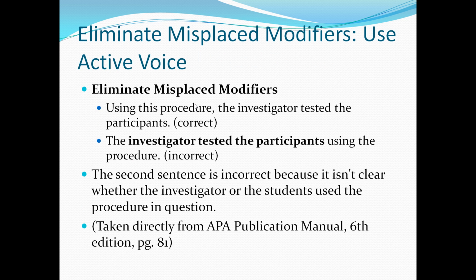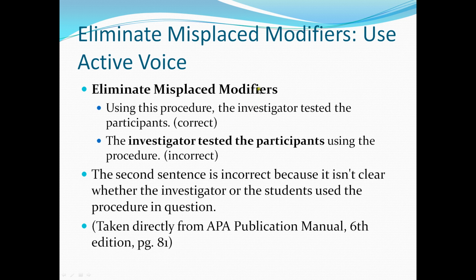Eliminate misplaced modifiers. Again, use the active voice. When you use the active voice, you always have the subject first, the verb second, the object last, and that helps to figure out who is doing the action and who is receiving the action. Okay, so using this procedure, the investigator tested the participants, right?